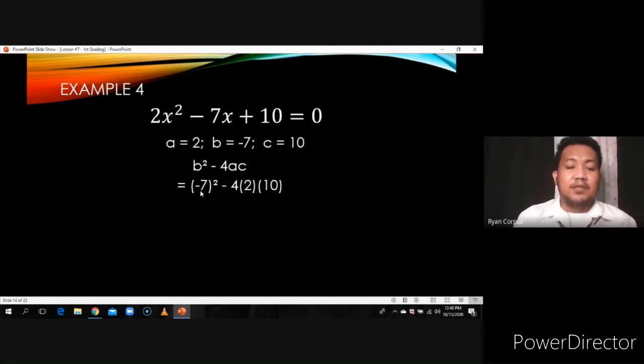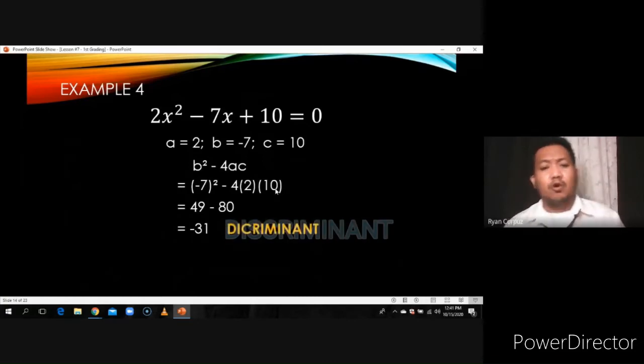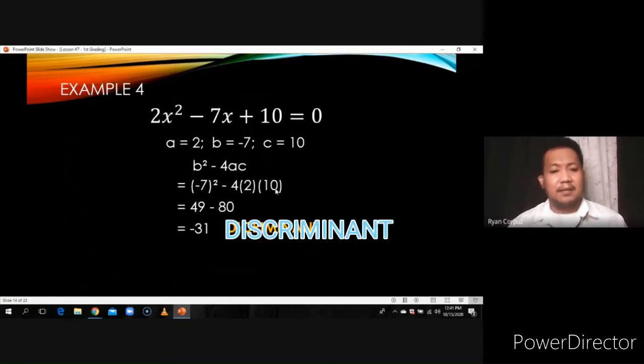Negative 7 squared is 49. Then negative 4 times 2 is 8, times 10, that is 80. Then 49 minus 80, the answer is negative 31. So negative 31 is your discriminant.